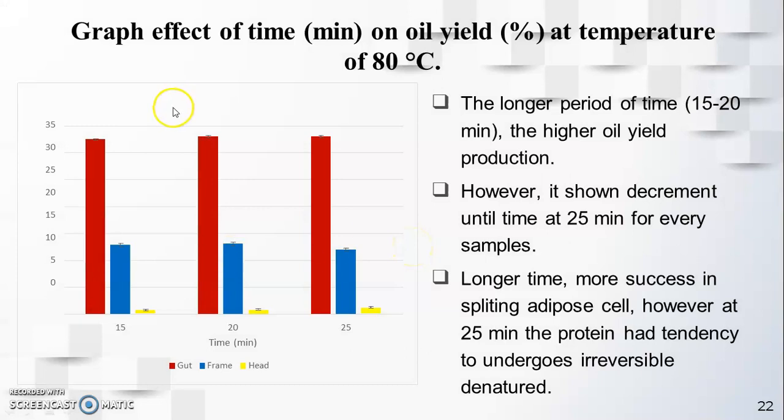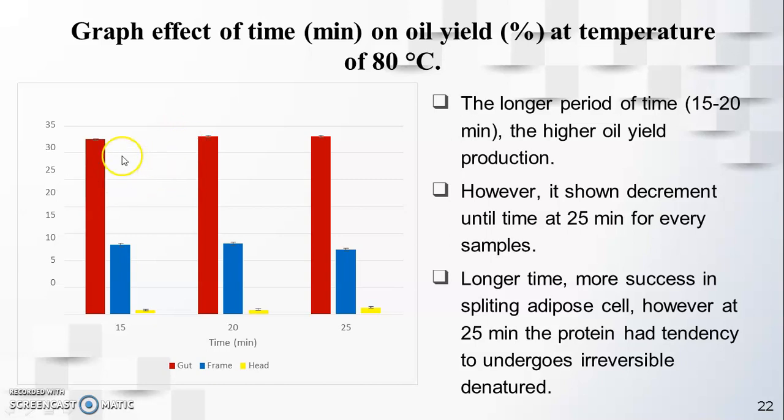The second graph is the effect of time on oil yield at a temperature of 18 Celsius. As you can see here in the graph, the longer period of time, which is from 15 until 20 minutes, gives the highest oil yield, the highest oil production.